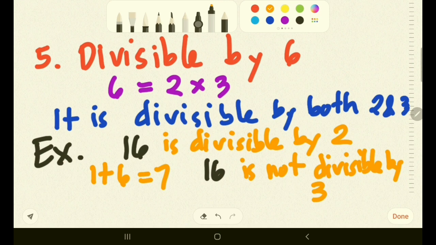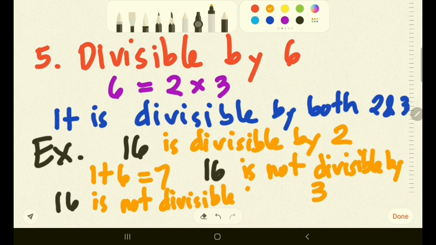So since 16 is only divisible by 2 but not divisible by 3, meaning 16 is not divisible by 6. That's it.